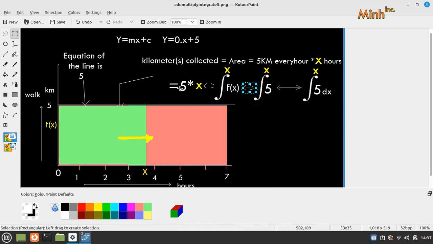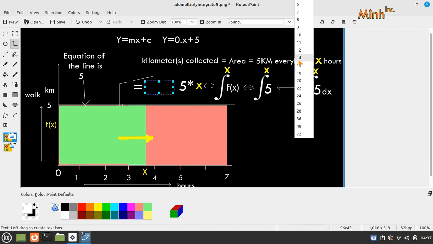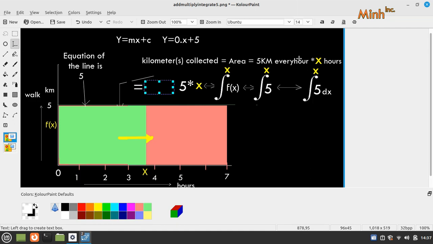Now I would say equal to, I can write here as 5 plus 5 plus, like this, plus 5, x times.